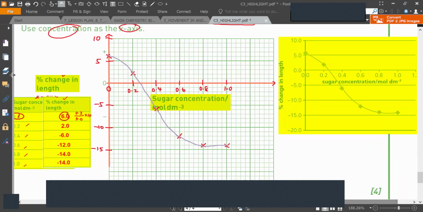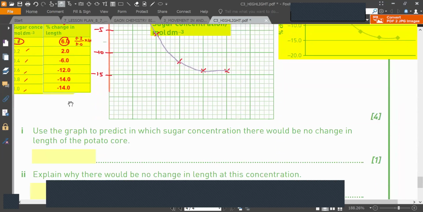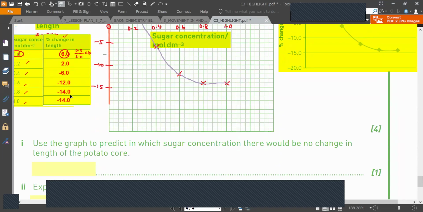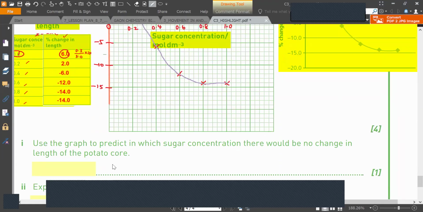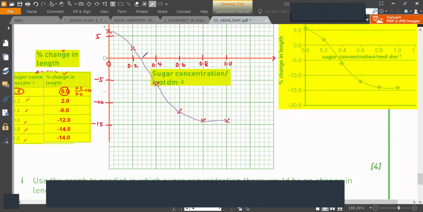That's good. Next, use the graph to predict which sugar solution there will be no change in length. Just now we already discussed how to get that: it is here, when there is 0% change in length. If we check carefully, this is 0.2, and we have 5 gaps.